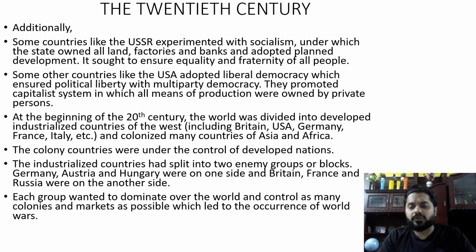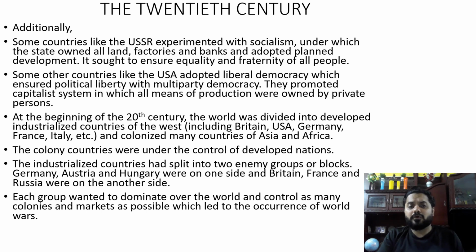The countries were also getting divided due to their differences. If we talk about USSR, which is United Soviet Socialist Republic, it experimented with socialism, where everything was under the control of government, be it land, the factories, the banks, everything was under the control of government, and they followed plans for the development.